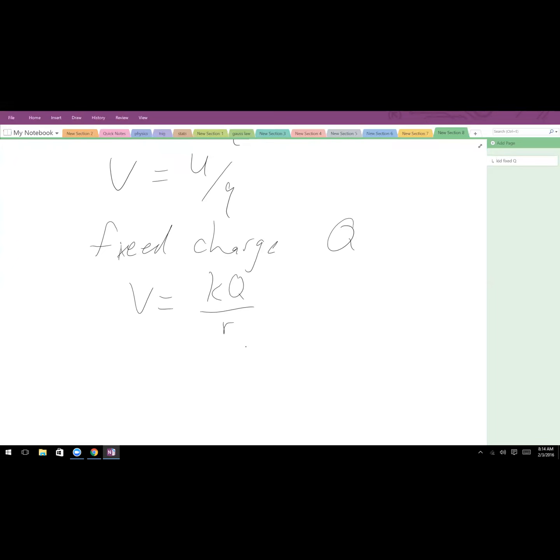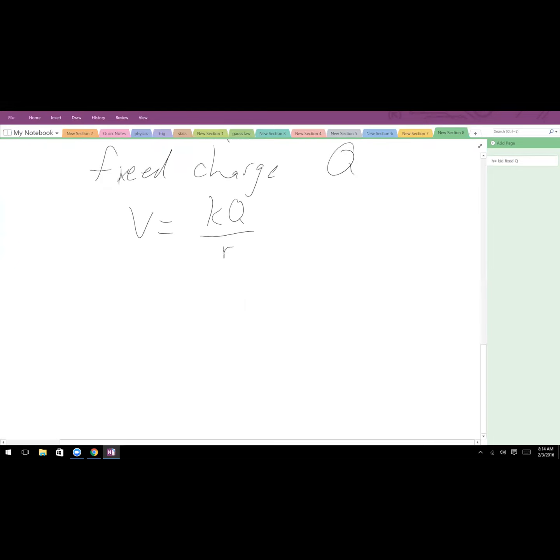And basically everything you learned about the relationship between force and energy, it's all the same for the relationship between electric field and electric potential. So just like before, let me write it the calculus way, and then I'll tell you what it means for not calculus.